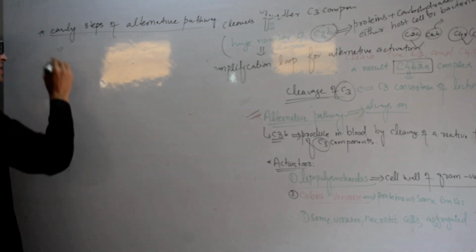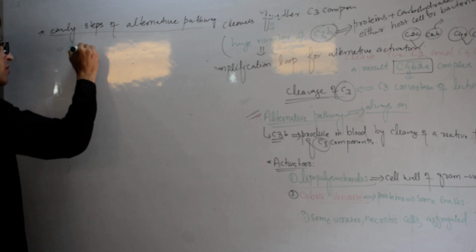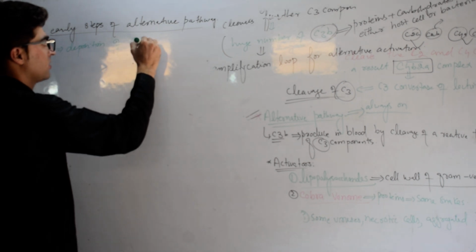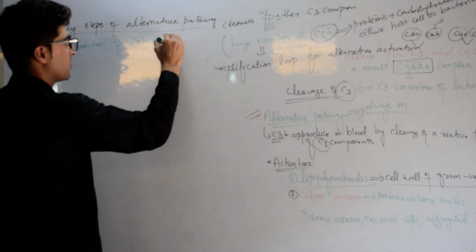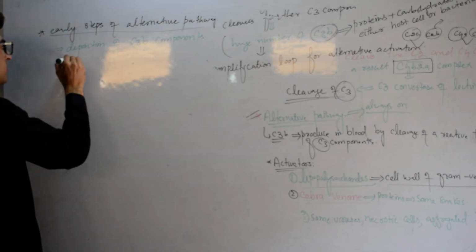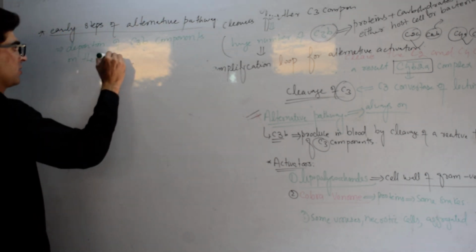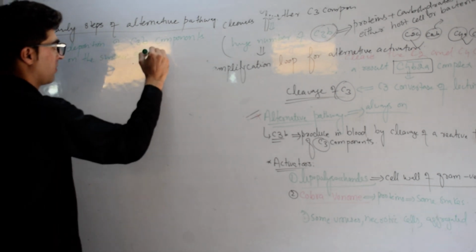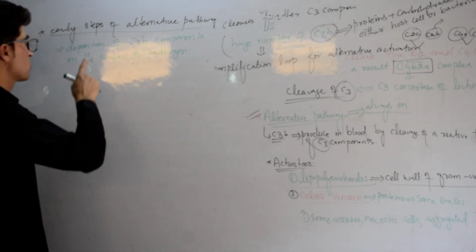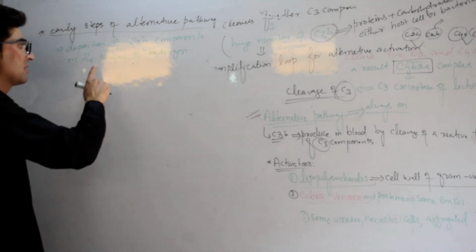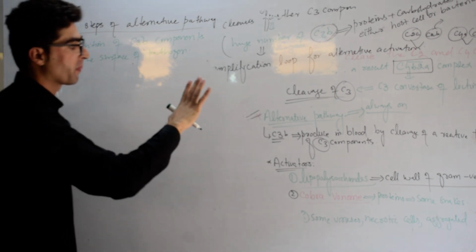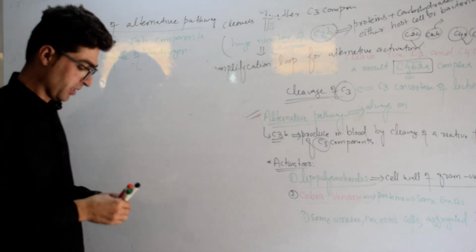The alternative pathway is activated by deposition of the C3b component of the complement system on the surface of the pathogen. So once the C3b component binds to the surface of pathogens, the alternative pathway is activated.